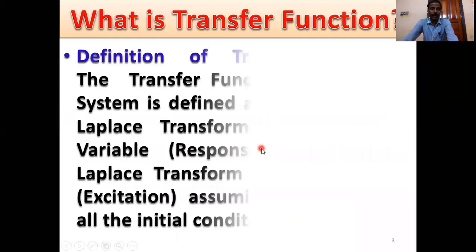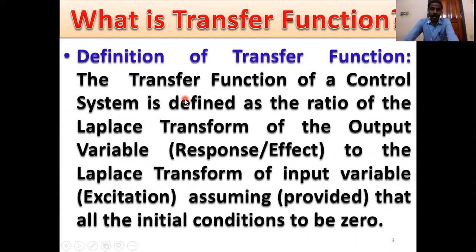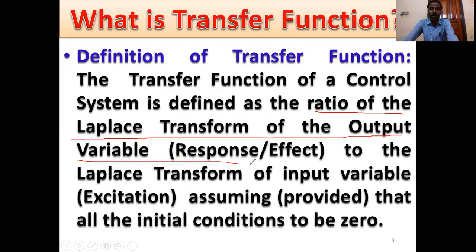What is a transfer function? The definition of the transfer function: the transfer function of a control system is defined as the ratio of the Laplace transform of the output variable, response or effect, to the Laplace transform of the input variable, excitation or cause, assuming or provided that all the initial conditions are zero.